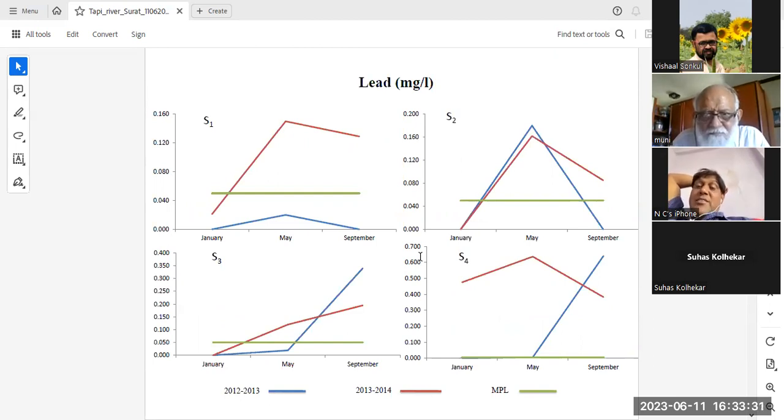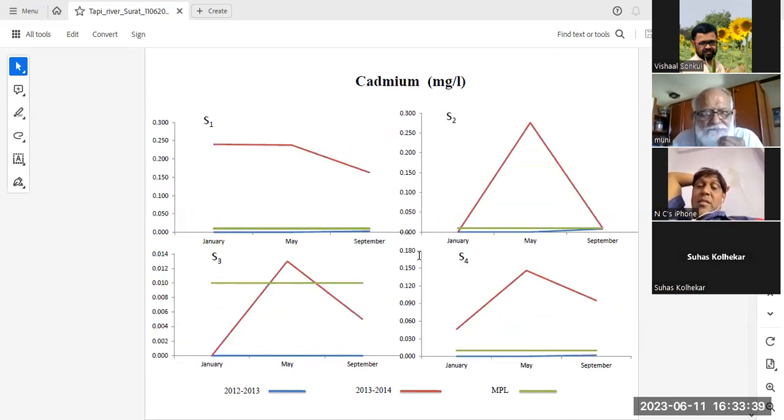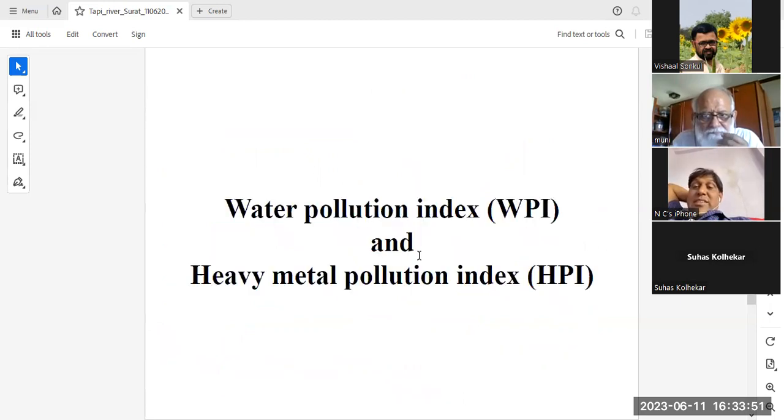Lead. Next. Chromium, the hexavalent form. Cadmium. Next. Cobalt also.